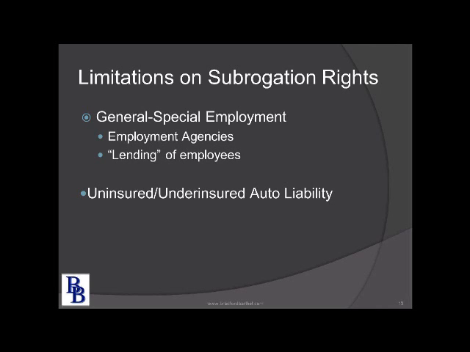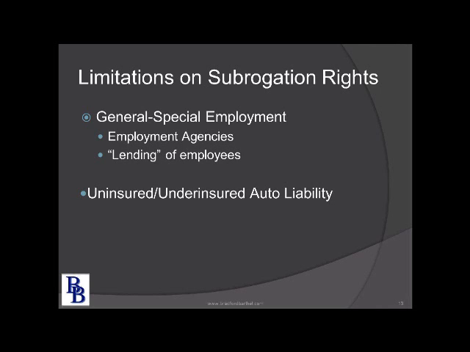Both the employment agency that sent the employee and the company that's using him are his employers. Because of that, they're both covered by the exclusive remedy rule of the workers' compensation laws, and there's no subrogation possible.